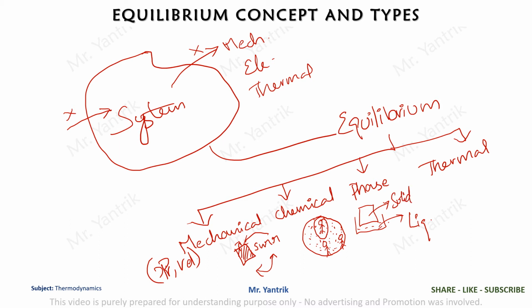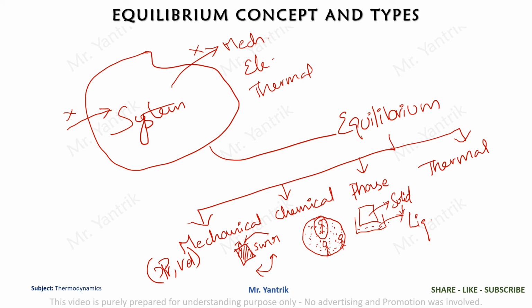If more than one phase is present inside a system, then the solid will try to become liquid by absorbing heat from the surroundings, and the liquid might give some heat to the solid and dissolve the solid completely. So if phase equilibrium is not attained, this phenomenon will happen.